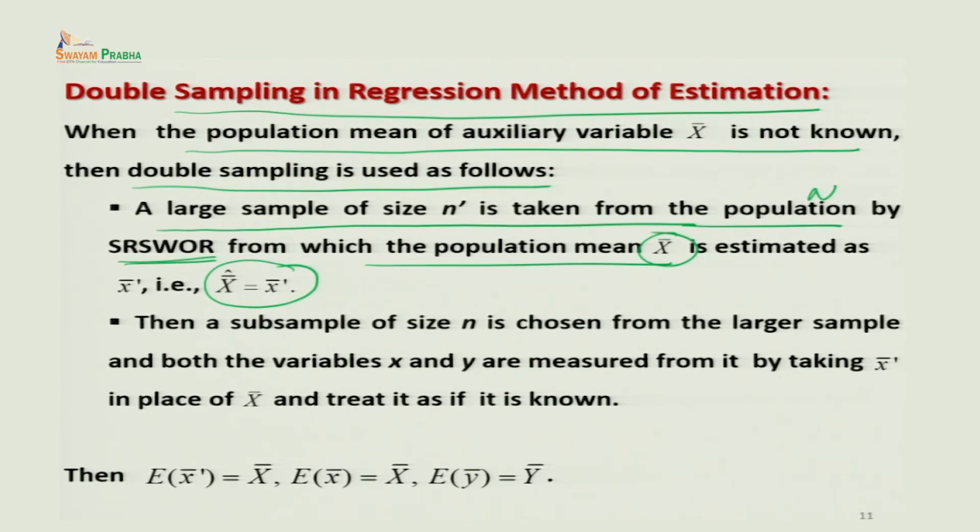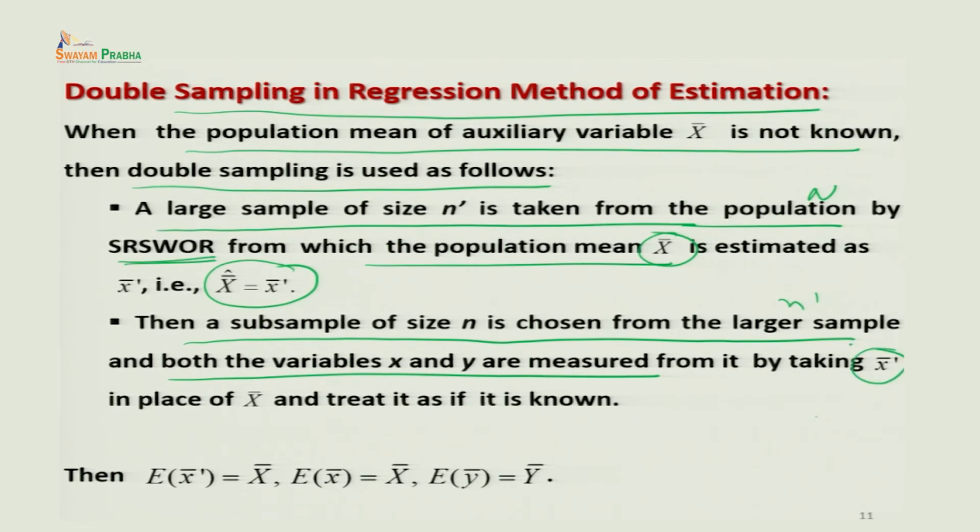Now, from this sample we try to draw one more subsample of size small n from this sample of size small n prime, and observations on both the variables x and y are obtained. Then we try to replace capital X bar by small x bar prime, and this will help us in assuming as if capital X bar is now known to us.